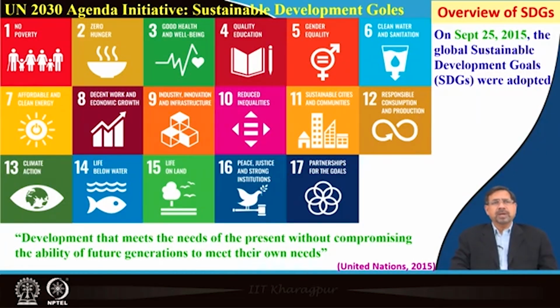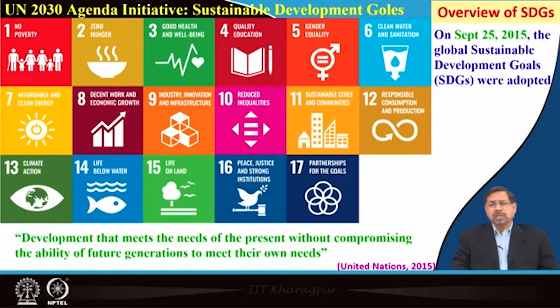In terms of the UN 2030 agenda initiative and the sustainable development goals, you can see the word GOALS here, there is a typo. First, you can see no poverty, which is very important.